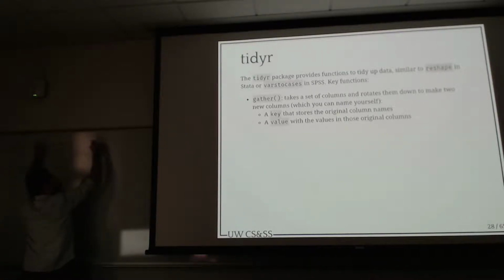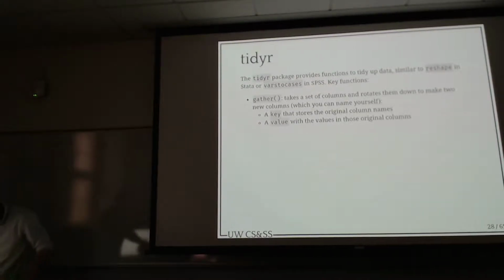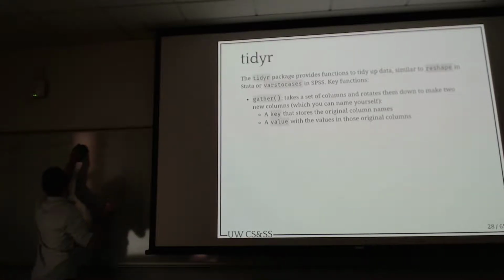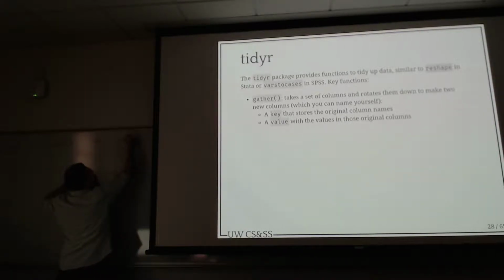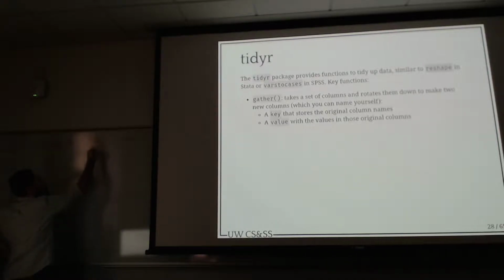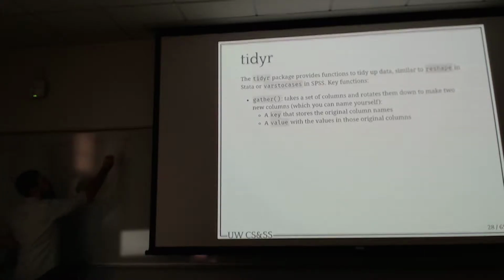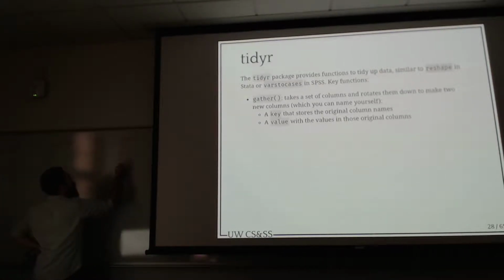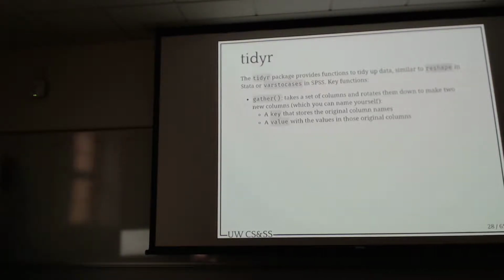So you now have a key, which is the original column names. So, for instance, you'd have a key, we have a value. The key would be 1 through 76, and the value would be whatever numbers were already in those columns.